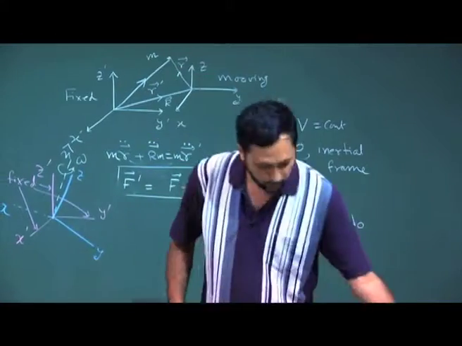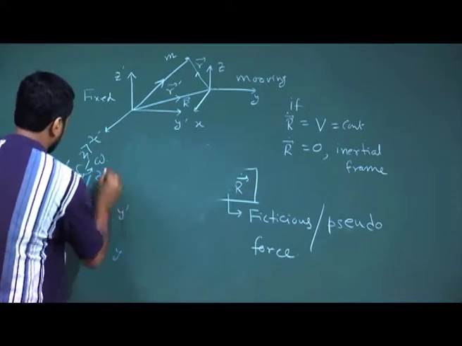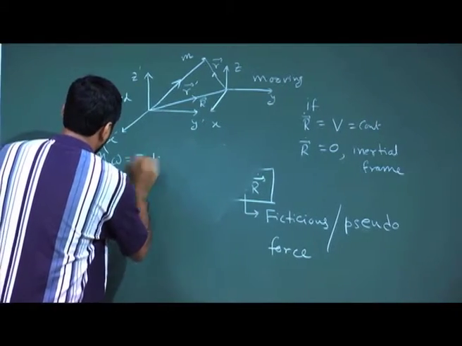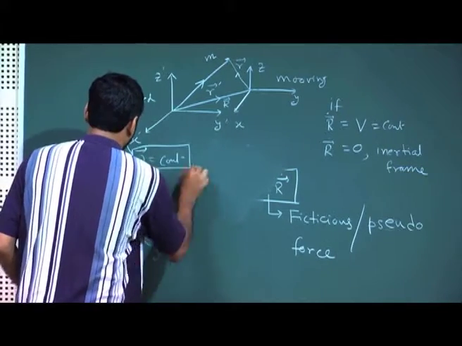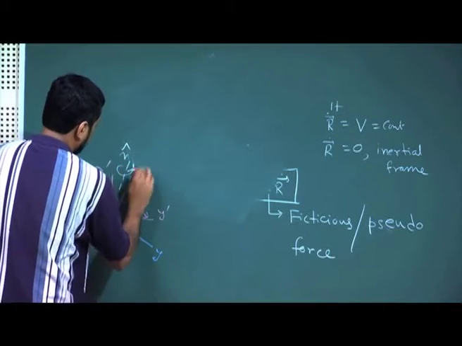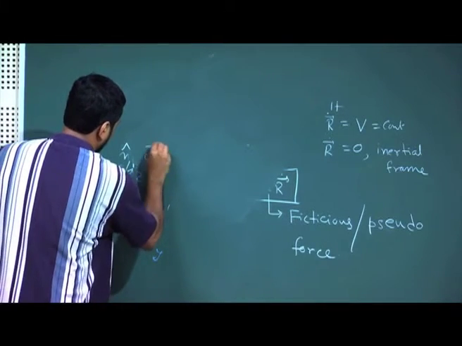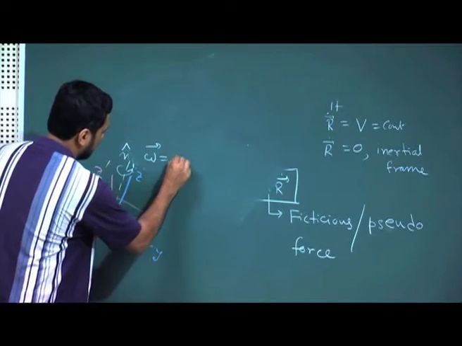So, let us assume omega is constant. I mean omega vector is constant. So, this is my direction, and the rotational velocity omega, which is the velocity of rotation, is a constant.